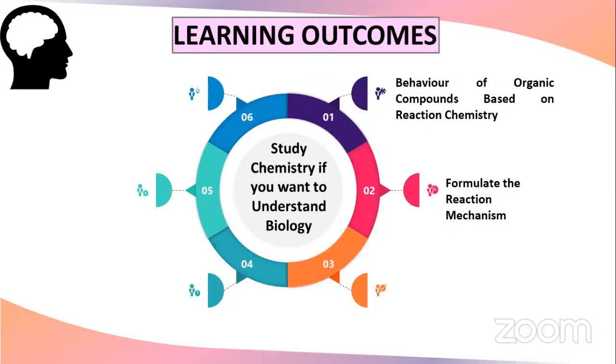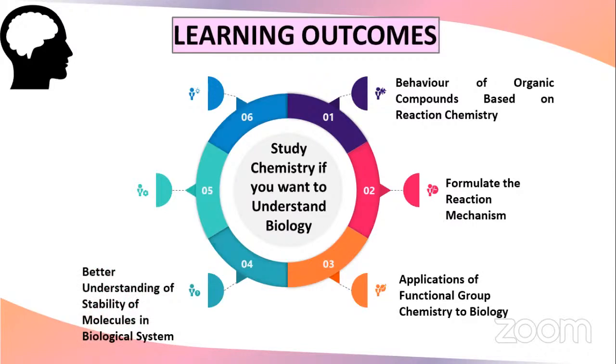So in this course, we are aiming to provide a very strong foundation of chemistry, so that students are able to formulate and predict the reaction mechanism, and then extrapolate this functional group chemistry to the biology core papers which they are studying.